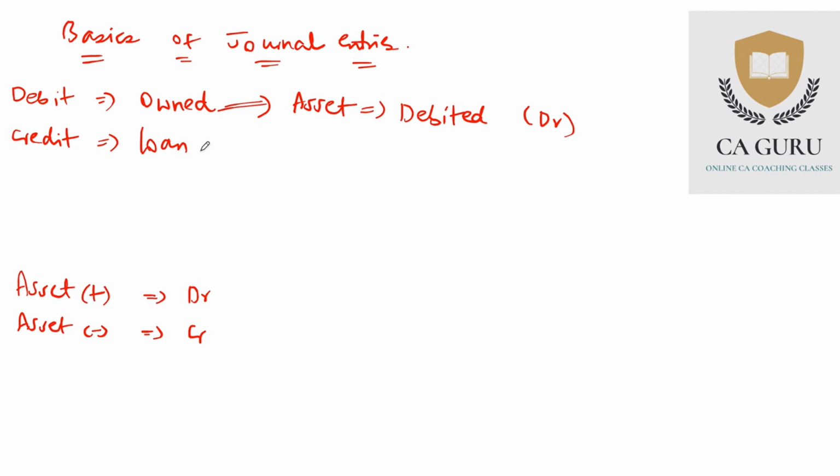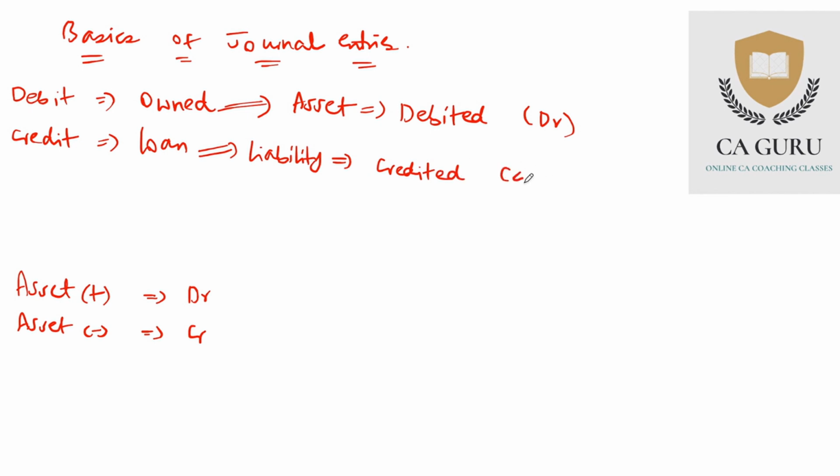Let us now come to the treatment of liabilities within the business. Anything which is a loan for us has to be credited. Any liability which is coming into the business has to be credited. Liability is something like an obligation, and when it comes inside, we will credit the liability.